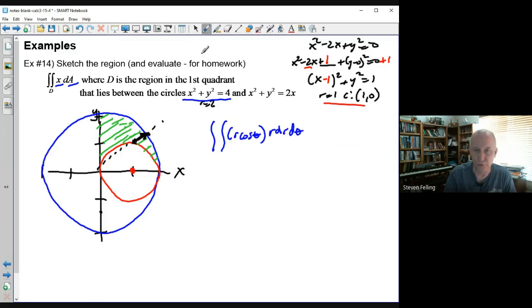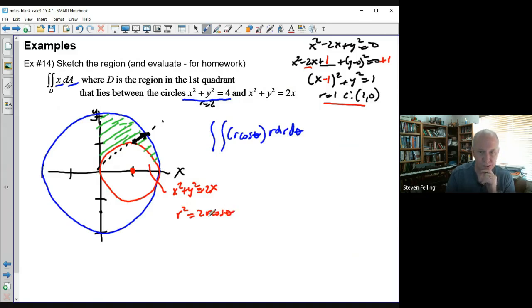So the red equation is x squared plus y squared equals 2x, right? Let's convert that to polar so we can get this in terms of r's and thetas. We know that x squared plus y squared is r squared, and we know that x is r cosine theta.